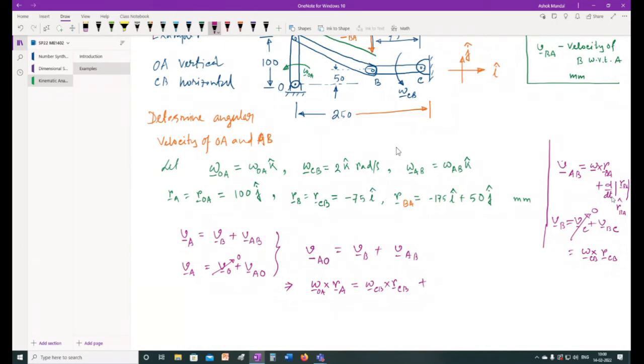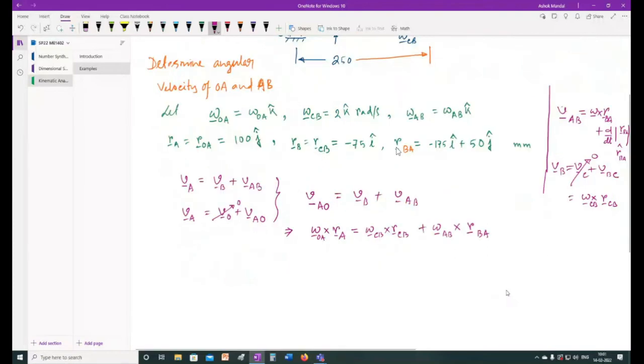So you have omega AB cross R BA. Sorry, I wrote it wrong, it is R BA. Fine. If you have understood this, then we can go further.